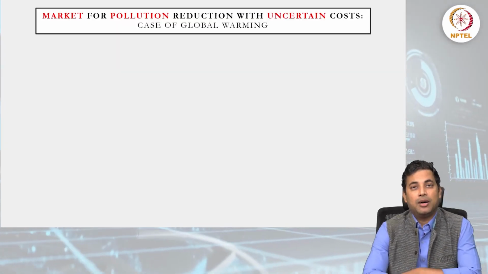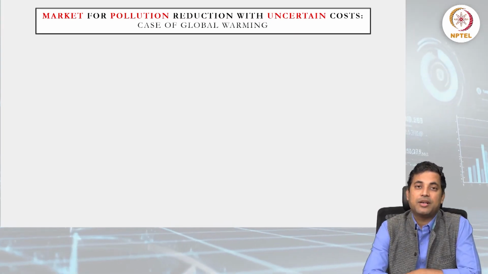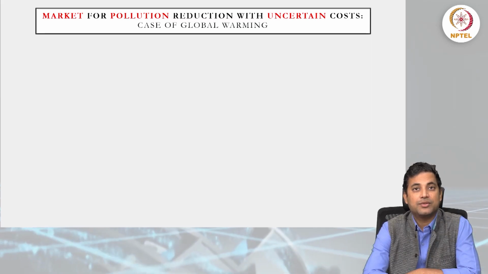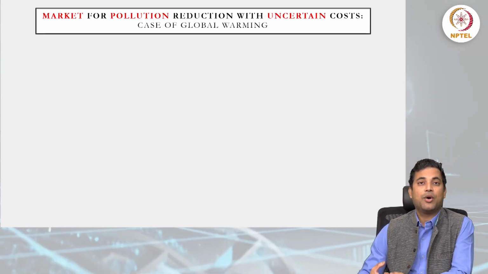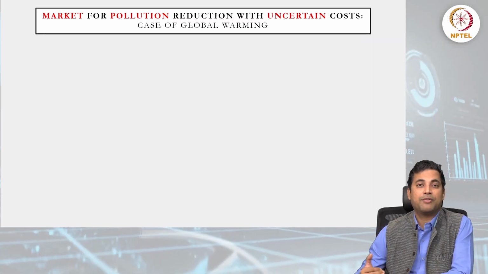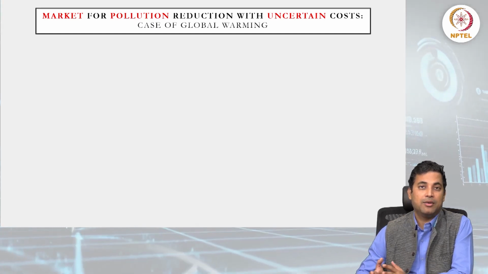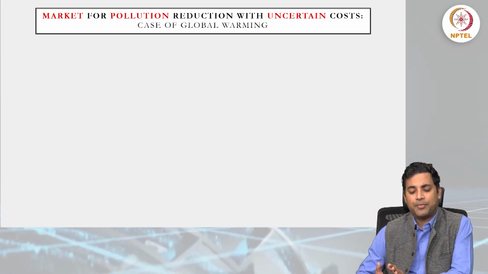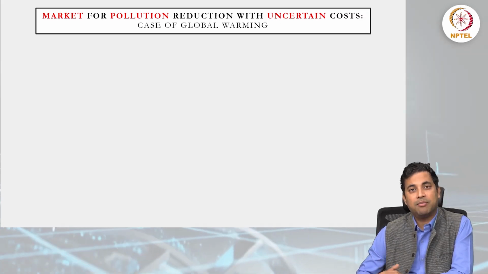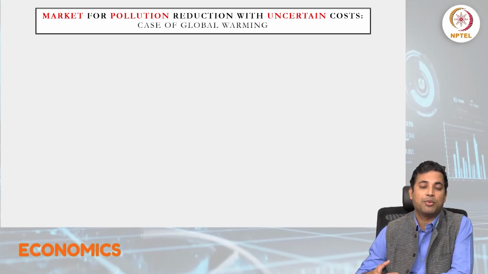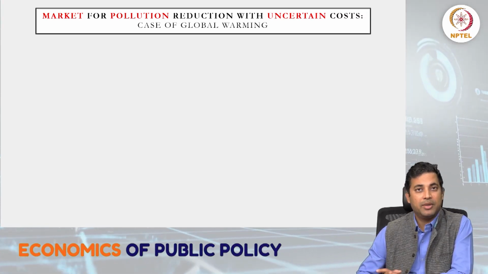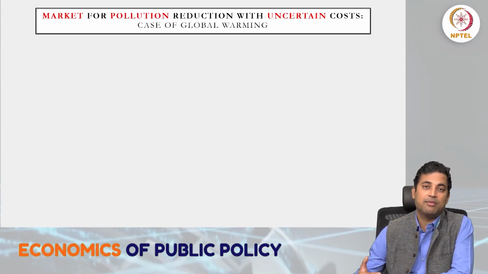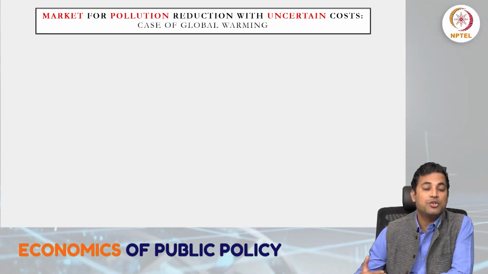We'll try to understand the efficient outcome in the market for pollution reductions. So we already discussed the market for products, like goods or services. For instance, in our examples we tried to understand how the production or outcome should happen in the case of steel or garment industries, and at what level price should be set.